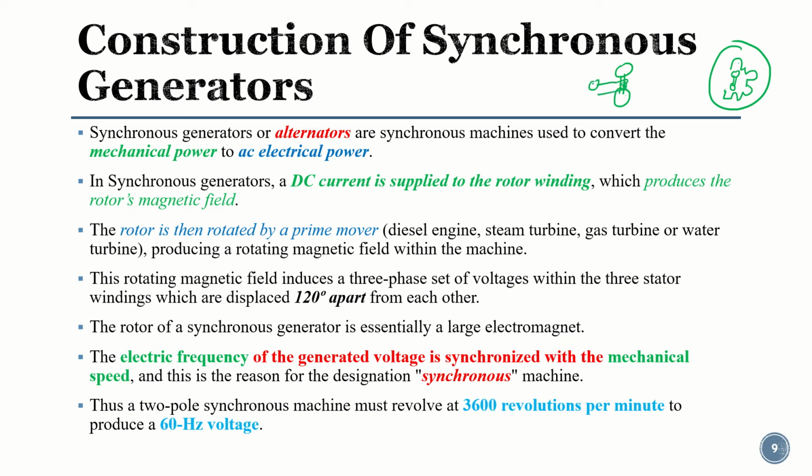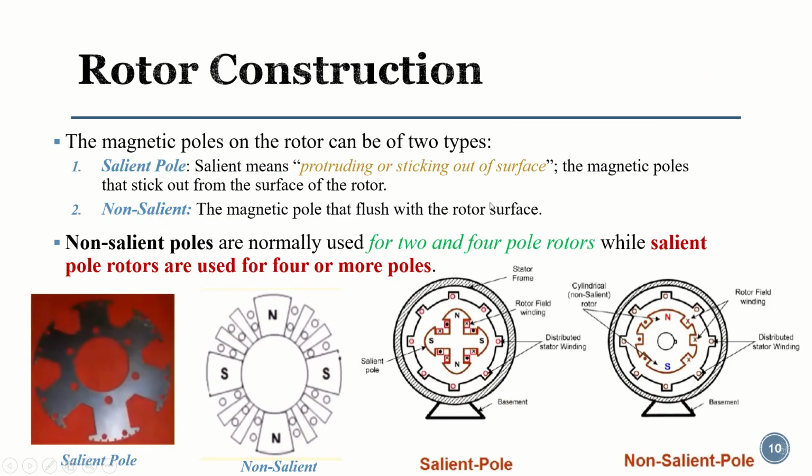We supply the DC here, that DC will produce the current and eventually the rotor magnetic field, and due to the rotation the voltage will be induced in the stator coils. That is the operation of the basic generator. And we have three coils placed 120 degrees apart from each other, so we get three-phase induced electrical output.